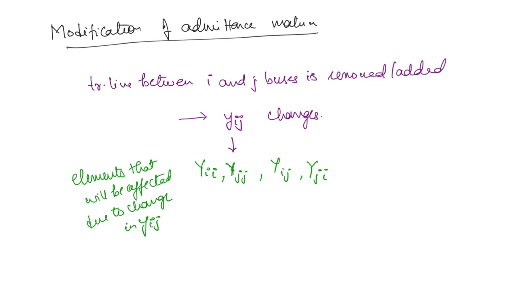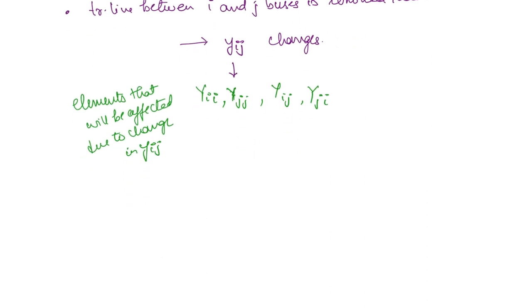So this is the first one. The second one is the shunt admittance, addition or removal of shunt admittance. Okay, so let us say the ith bus.